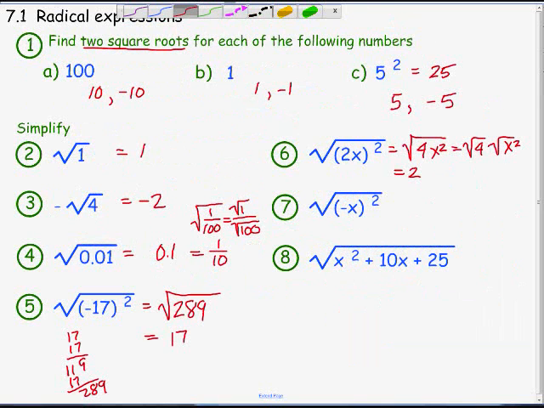We can say this is the absolute value of x. Whatever x is, we'll take the absolute value of it. What about this one? That's the same as saying the square root of x squared, which is also the absolute value.